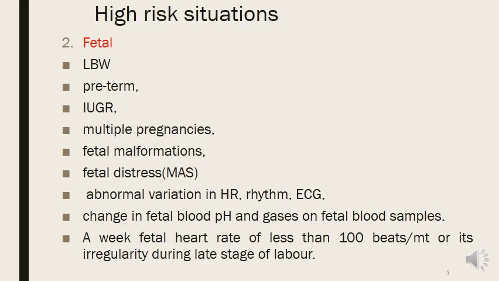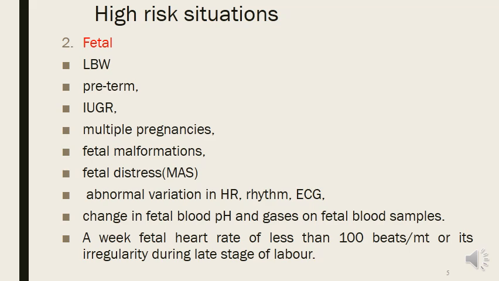Next we can see fetal factors, the high risk situations where we are anticipating resuscitation for the baby. These are low birth weight babies, preterm babies, intrauterine growth retarded babies, multiple pregnancies, fetal malformations, for example any congenital anomalies or any CNS anomalies.